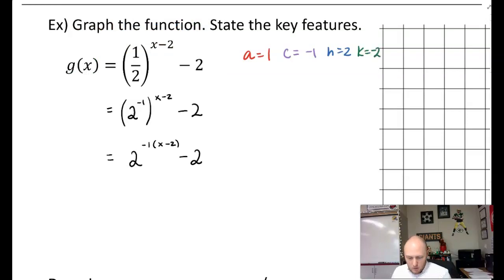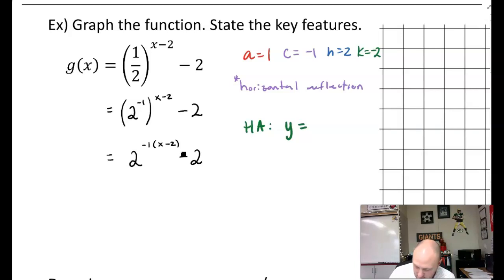So again, the c value of -1 is going to give us horizontal reflection. And our k value being -2 means that our horizontal asymptote is at y equals -2.